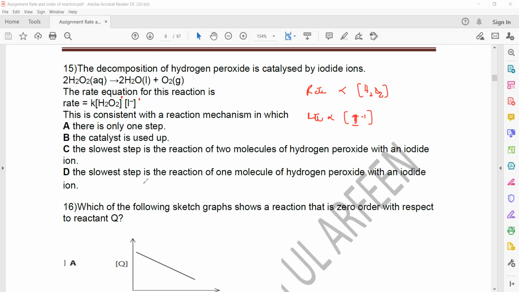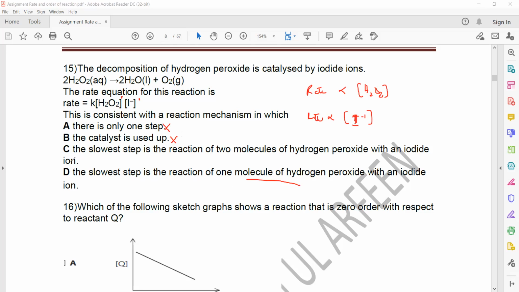So it means the reaction cannot be one step, because the rate equation does not involve all the original reactants, so it is multiple steps. The catalyst does not get used up, that's totally wrong, because a catalyst is a substance which does not change chemically during a reaction. The slowest step is the reaction when one molecule of hydrogen peroxide reacts with one molecule of iodide.